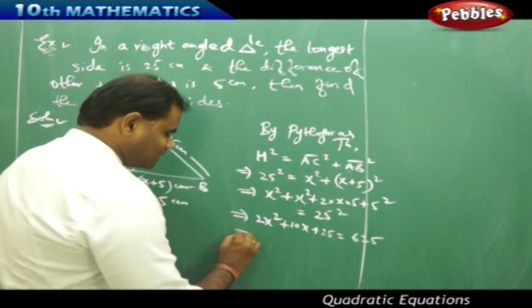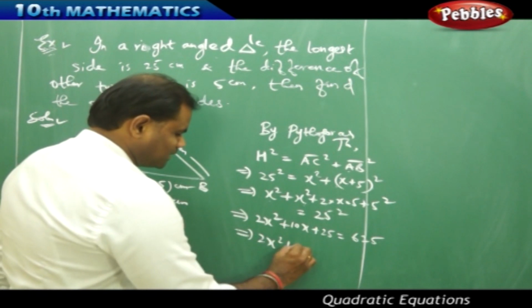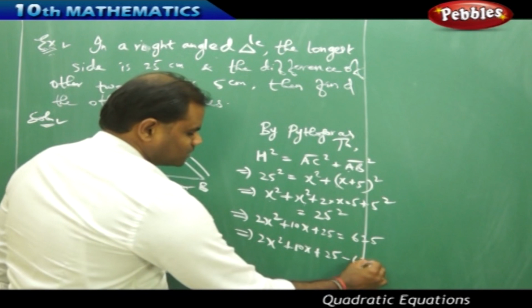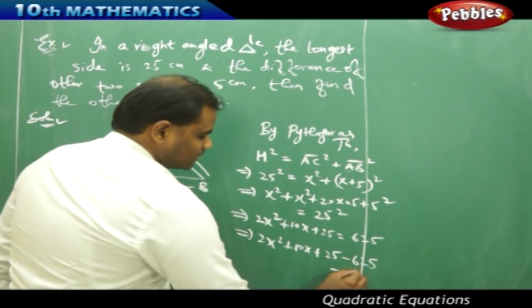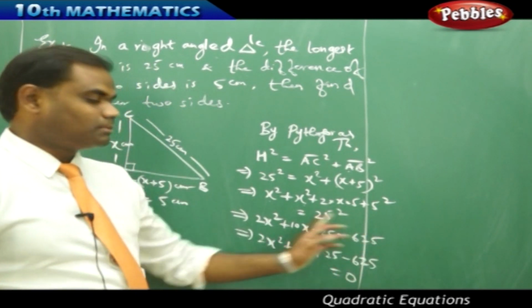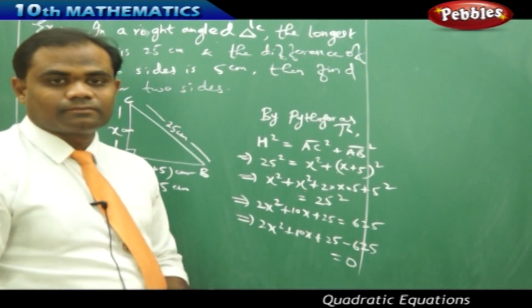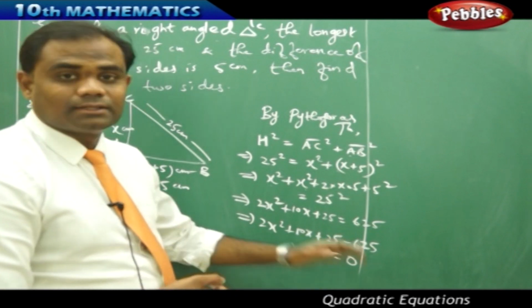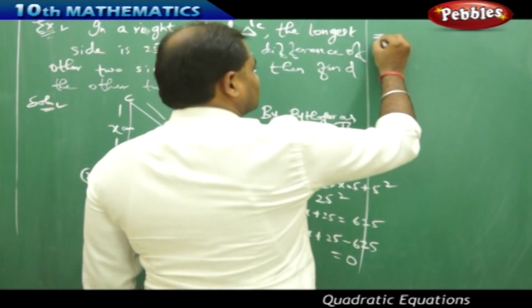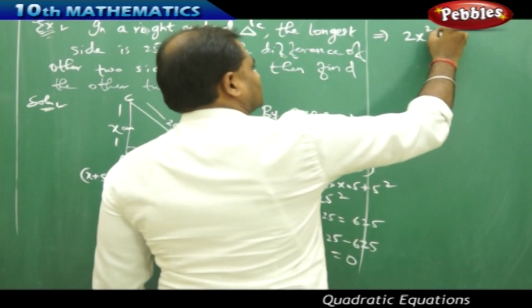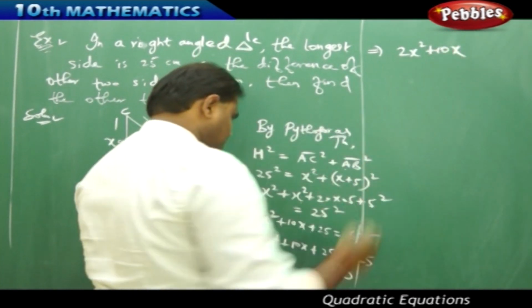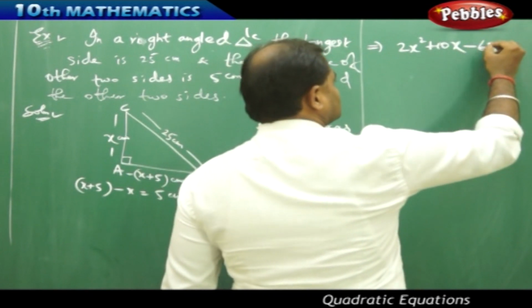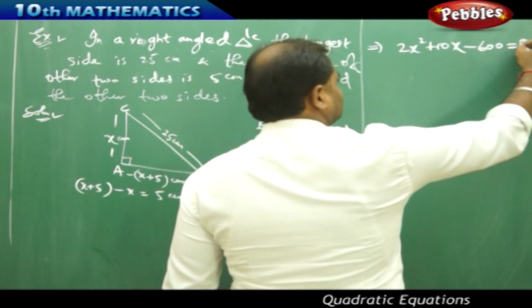Continuing further, I get 2x square plus 10x plus 25, and 625 I bring to the left, I get minus 625 on the left equal to 0. Now I simplify this so that I get 2x square plus 10x plus 25 minus 625, which is negative 600, equal to 0.